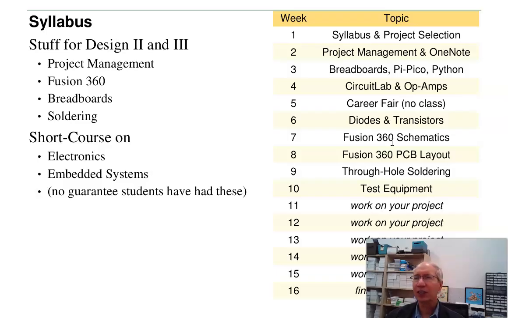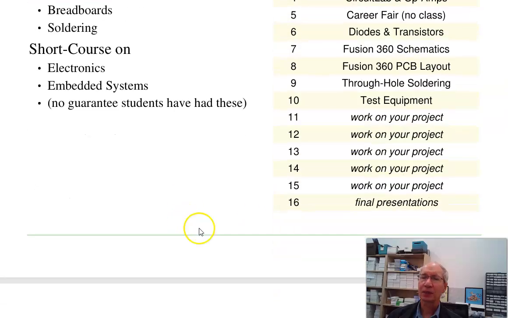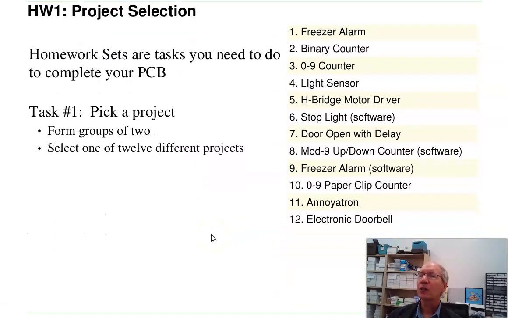So we have kind of a quick summary. We'll then go over Fusion. That's for the PCB layout and schematic capture. And then test equipment. Make sure everybody knows how to use an oscilloscope and multimeter. After week 10, we kind of quit meeting in person. That's time for you to work on your project. Have it done by week 16. So that's kind of the layout.